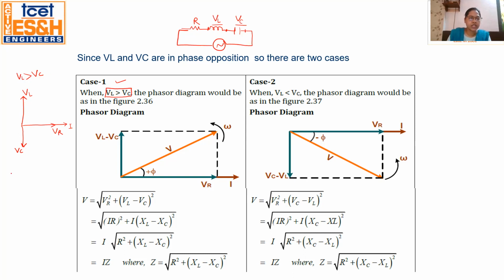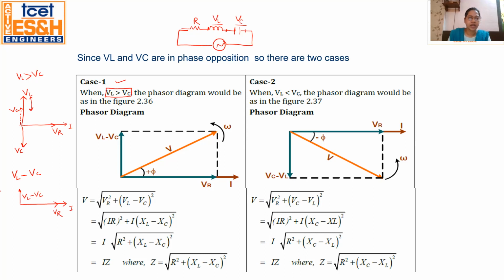Now, for this reason, what is VL minus VC? If we transpose VC, this is the magnitude of VC. So VL minus VC gives this amount of magnitude, and this is again I.